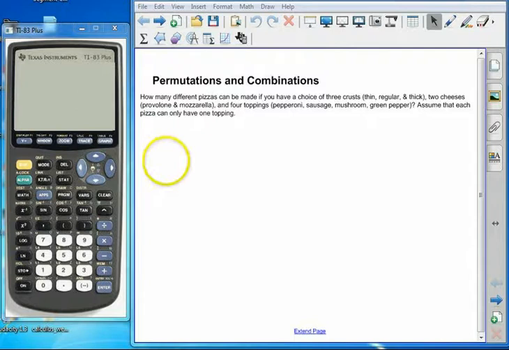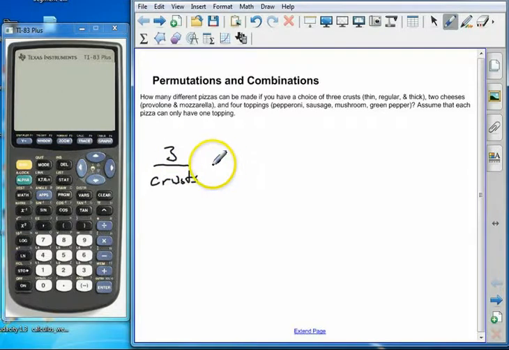Okay, so the best way to think about this is that I've got 3 crusts. So under crusts, we have 3 choices. We have 2 cheese choices, and we have 4 toppings to choose from.